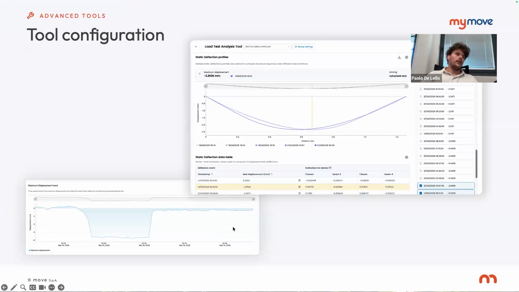You obtain, of course, the different events that you can analyze one and the other one, but of course you can combine together different deflection parameters and results, and also you have this type of chart that allows you to understand the different trends that you have with the static deflection tool.